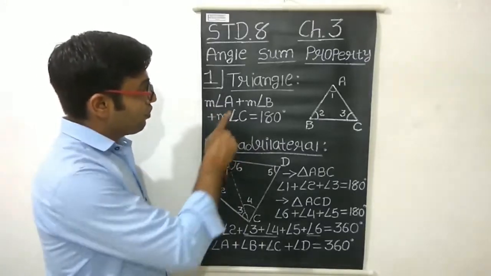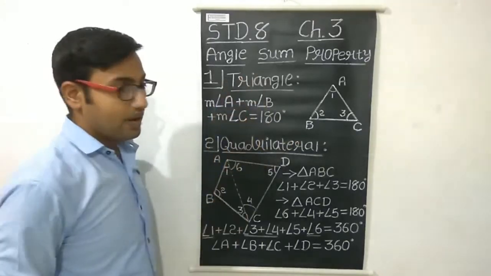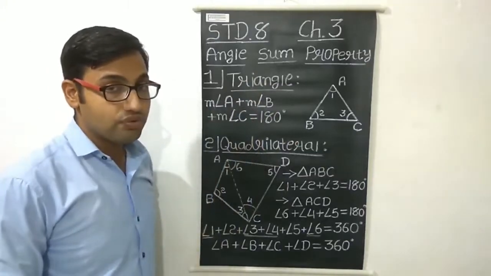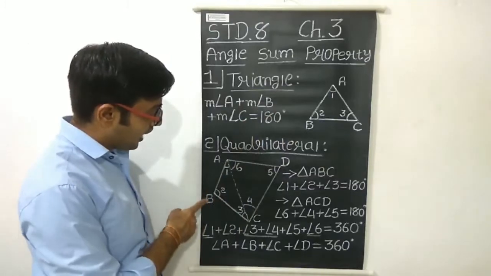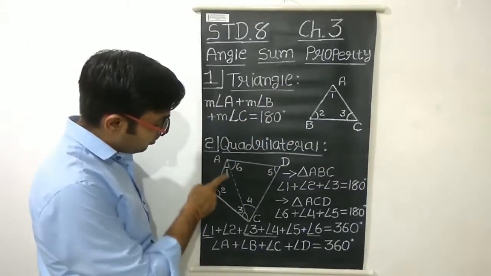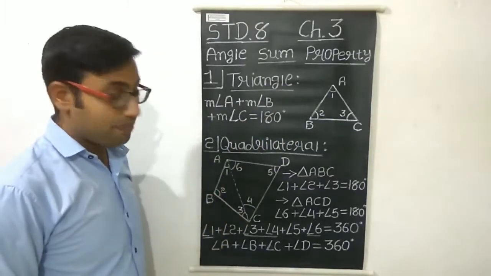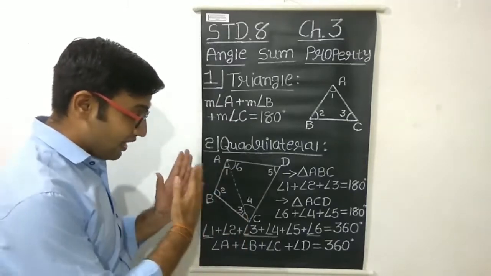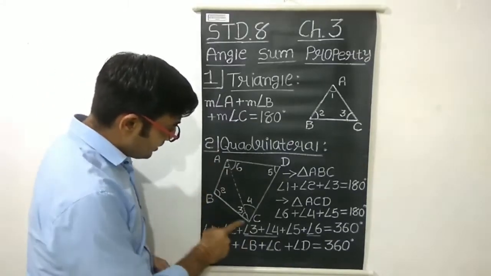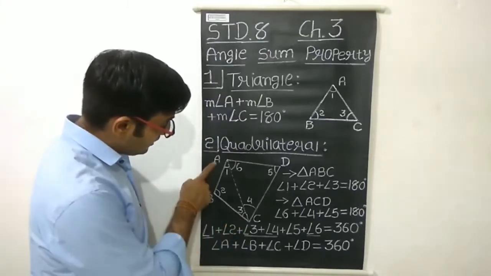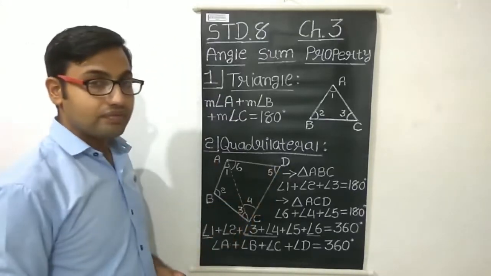So if we want to use the angle sum property of a triangle, then what can we do? If we join the diagonal A and C, then what will happen? This quadrilateral is divided into two triangles. One is triangle ABC and the second triangle is ACD.